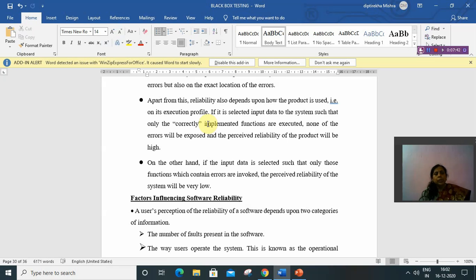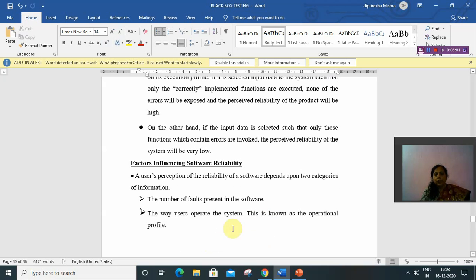So it also depends on which part of the system is executed, the correct part or the incorrect part that has errors. So the factors that affect software reliability are the number of faults present in the software, and the next is the way the user operates the system.